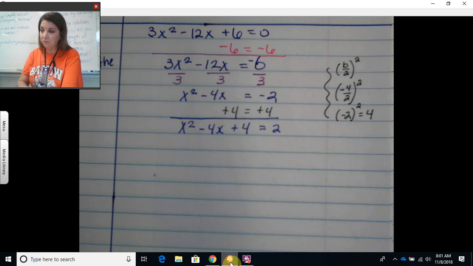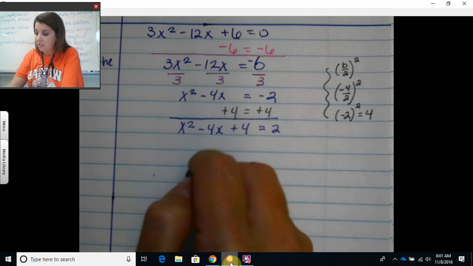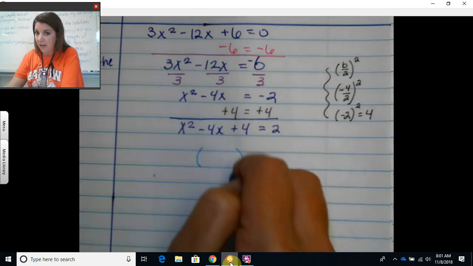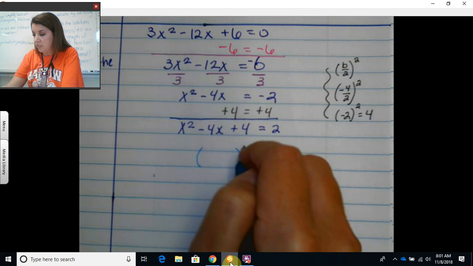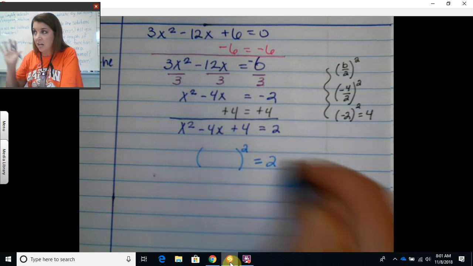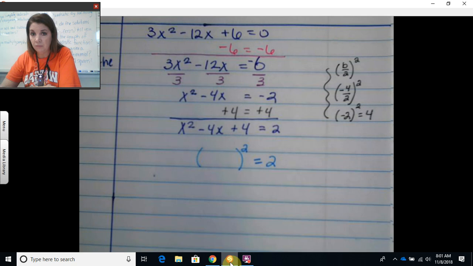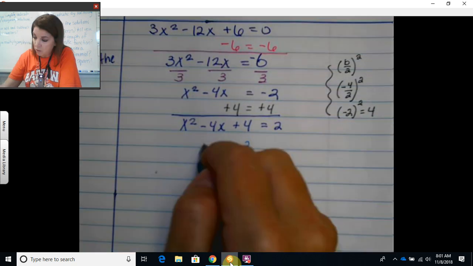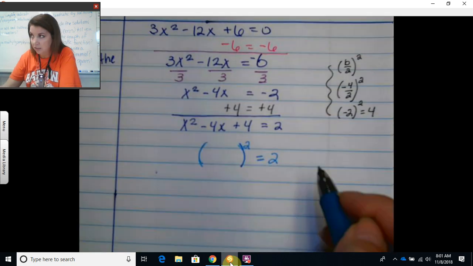Step 4 says, factor the perfect square trinomial using the shortcut method we learned earlier. So remember, if you have a perfect square trinomial, that means you're going to have 2 identical factors. So you make one set of parentheses and square it. The right side, you just bring it down. What's my sign going to be for the factor?